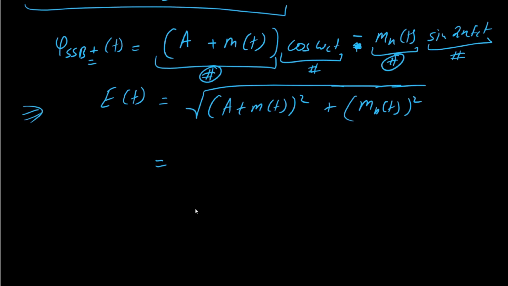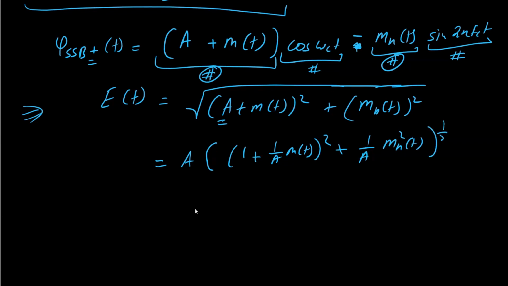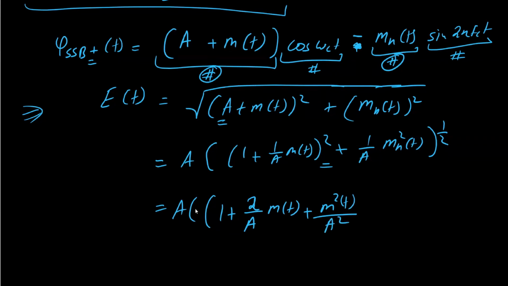We can bring this A outward. So we would have an A, and then we would have 1 plus 1 by A m of t whole square plus 1 by A m_h of t whole square, all to the power 1 by 2. And then we can complete this square, so we would have 1 plus 2 by A m of t plus m square of t by A square plus 1 by A square m_h square of t, and again this is to the power 1 by 2.